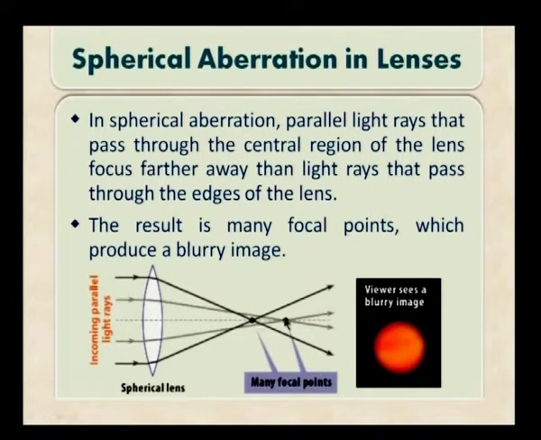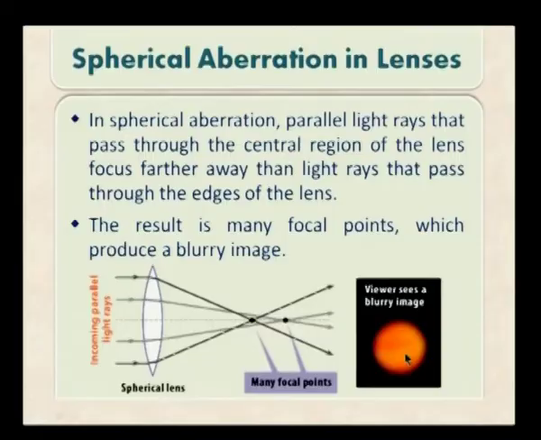Therefore, the image will not be very sharp. The viewer will see a blurred image. You see the image here, it is a blurred image. So, for a given object, when the object is passing through the lens, the image that you get will be blurred, the image that is captured by any optical instrument, or on the screen.